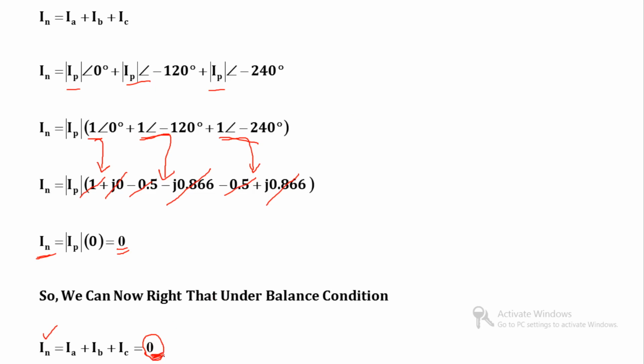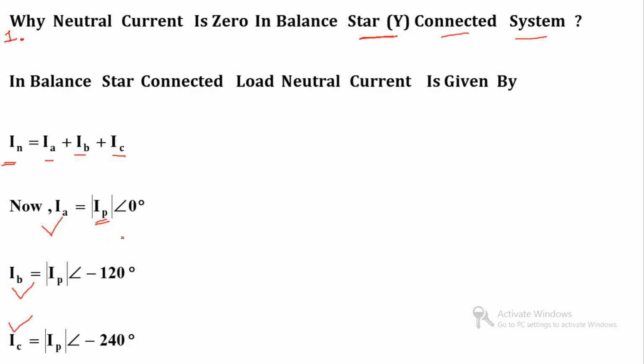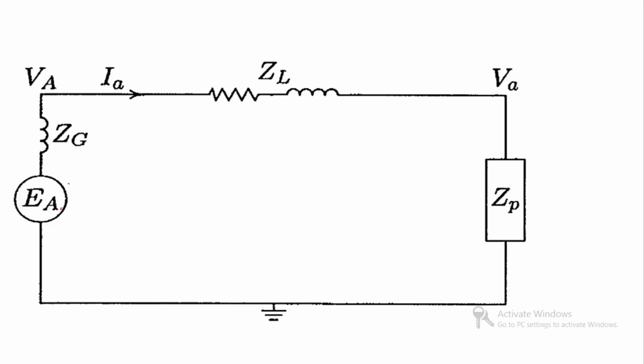A system is known as a balanced system when there is 0 neutral current, or we can say there is a phase difference of 120 degrees in all the three phases. So, we can consider any one phase voltage and the impedance of a single phase only. We will analyze this single phase and give the conclusion for the remaining two phases. It is known as per phase analysis.